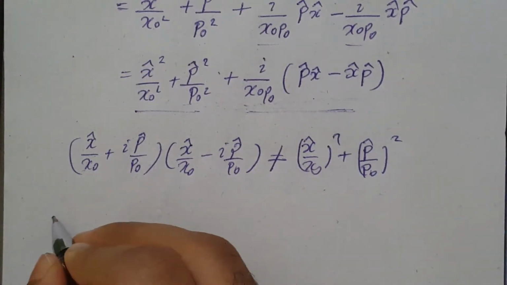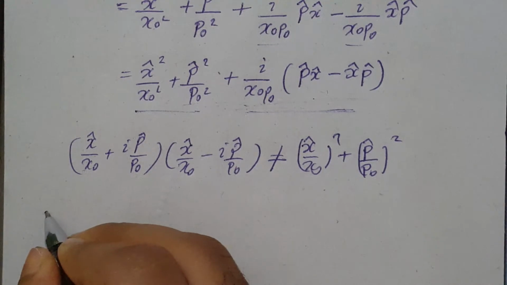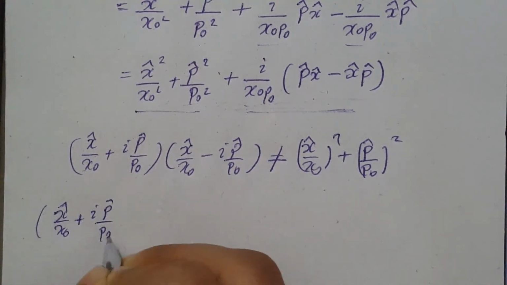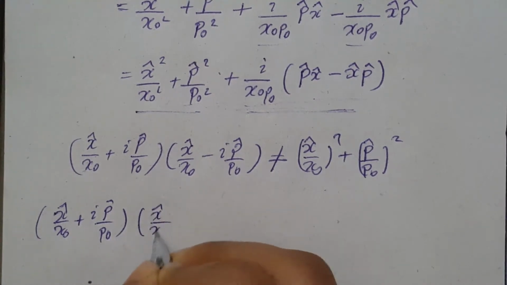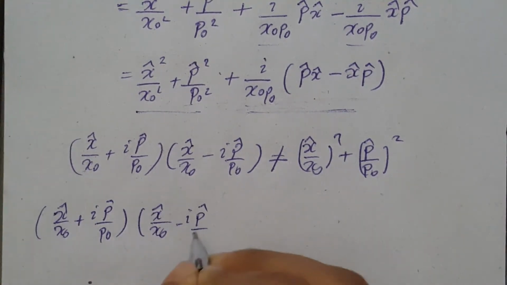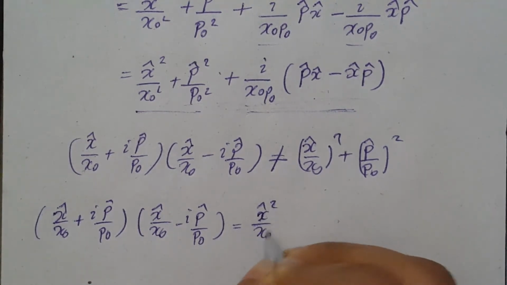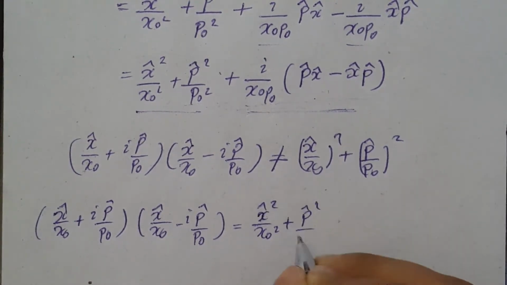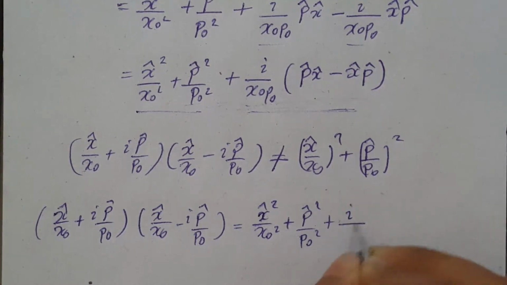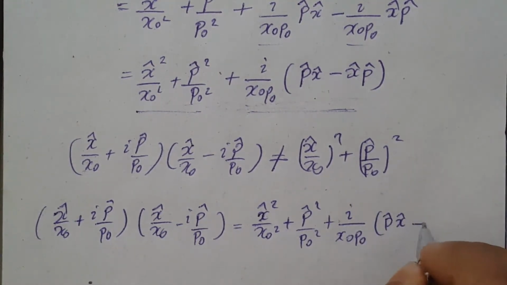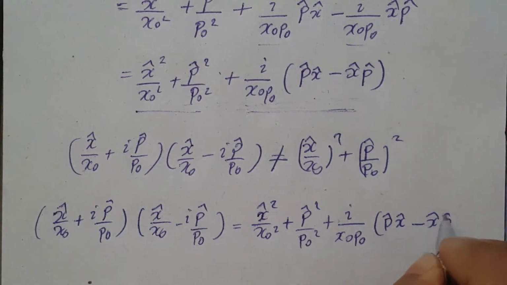So let me write what we have here now. x cap by x naught plus i p cap by p naught times x cap by x naught minus i p cap by p naught is x cap squared by x naught squared plus p cap squared by p naught squared plus i by x naught p naught times (p cap x cap minus x cap p cap).